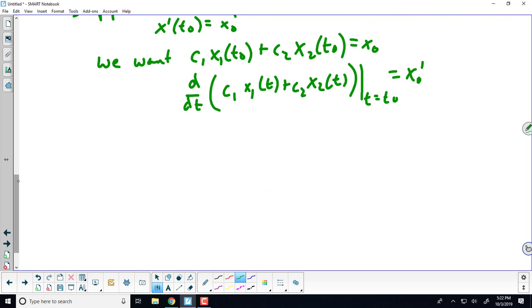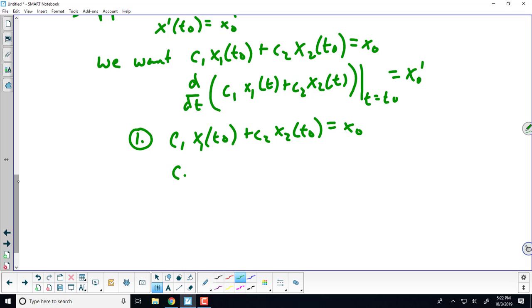So put another way, we've got these two equations we want to satisfy. We want c1 x1 of t naught plus c2 x2 of t naught equals x naught, and we want c1 x1 prime of t naught plus c2 x2 prime of t naught to equal x naught prime.